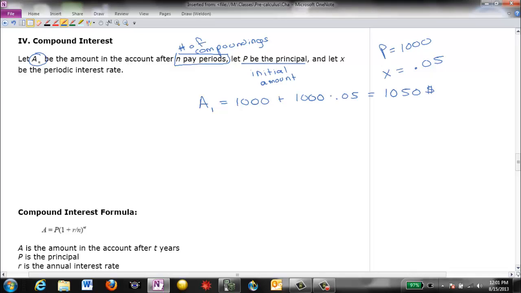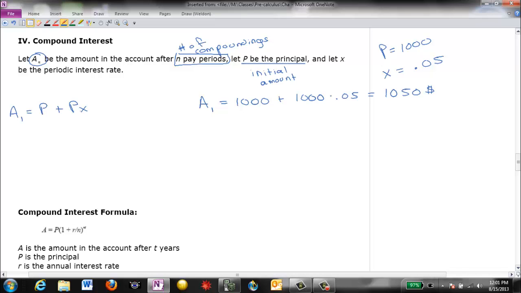Okay, so let's see if I can represent that algebraically in a general sense. So we're going to say over here, A of 1, right? I took the principal P and I added to it the principal times x, the interest rate. Okay. So on the right-hand side of this example, I'm doing a concrete example with actual numbers, and then over on the left-hand side, what I'm trying to do is represent that concrete example in a general sense with some algebraic terms.